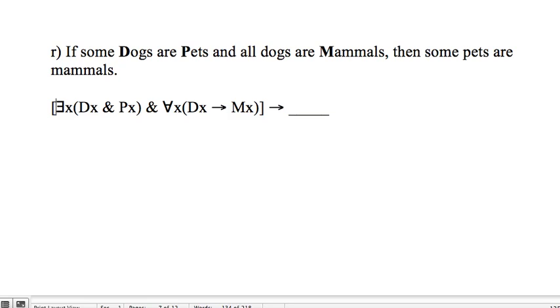The consequent is some pets are mammals. And that's just a straightforward particular affirmative. So once again, we have a sentence that has quantifiers in it, but isn't a quantified sentence. In this case, again, as with the previous example, it's a conditional.